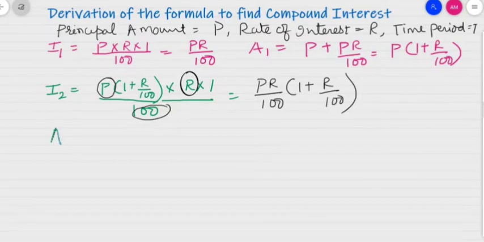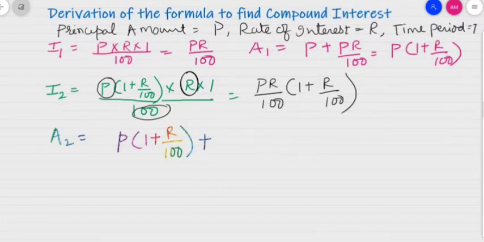Amount after the second term will be equal to principal amount. What was the principal amount, children? P into 1 plus R by 100. See, principal amount was P into 1 plus R by 100 plus what was the interest?